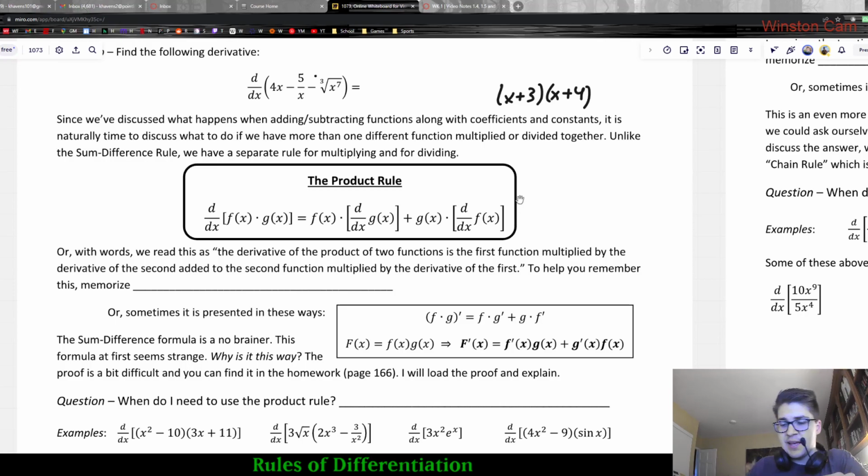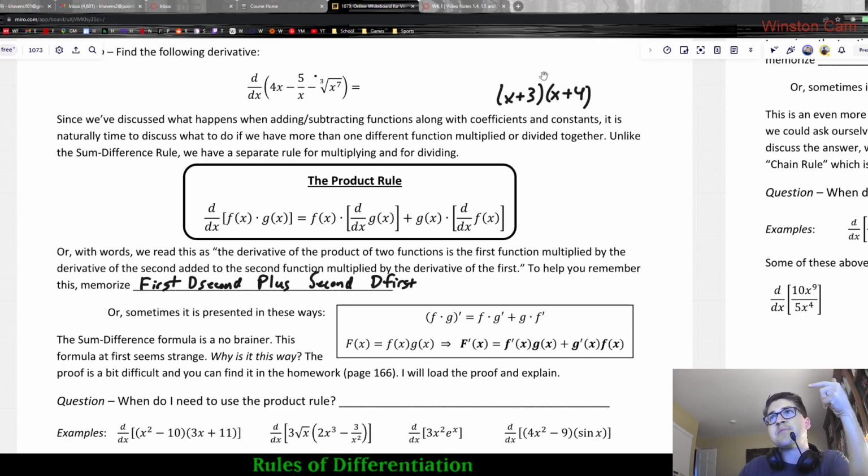Or the mnemonic that my teacher taught me when I was in high school that I still remember, so definitely an effective mnemonic, is to say first d second plus second d first, where the d represents derivative. And it's sort of, I kind of think of it like foiling, because when I'm foiling polynomials, I end up with four things, right?